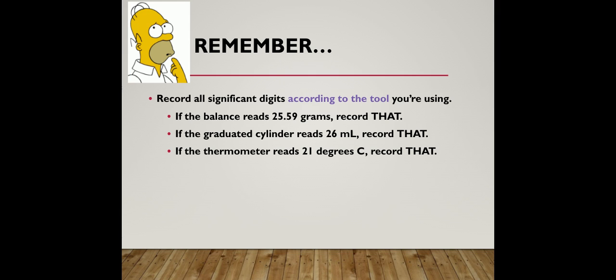If the graduated cylinder reads 26 milliliters, cool, record that. You don't have to do 26.57 milliliters. If you are not able to make that estimation because there's not enough lines on your graduated cylinder, don't go and record it as extra. Or if a thermometer reads 21 degrees, just record that.